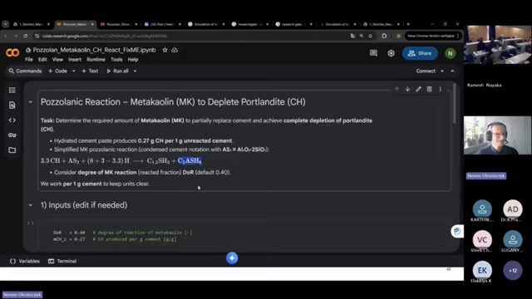This guy is called strätlingite, C2ASH8. We could also have other phases, of course, aluminate, but this is just a simplified example. I think in long-term reaction, this is the main phase, the most stable.